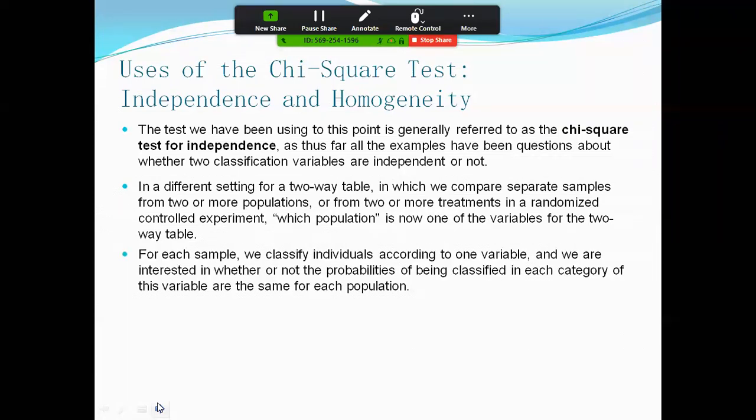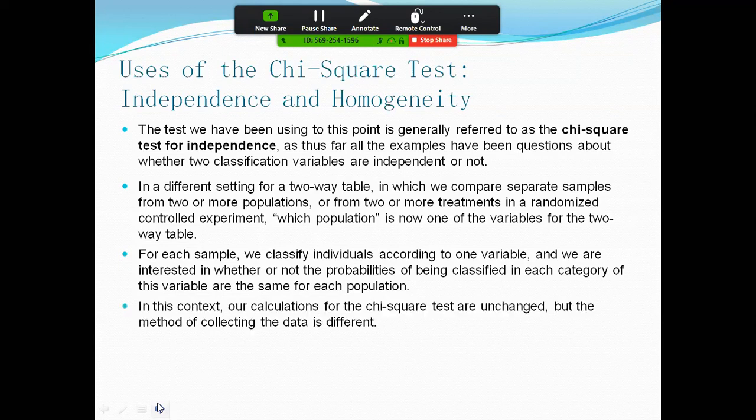For each sample, we classify individuals according to one variable, and we are interested in whether or not the probabilities of being classified in each category of this variable are the same for each population. In this context, our calculations for the chi-square test are unchanged, but the method of collecting data is different.